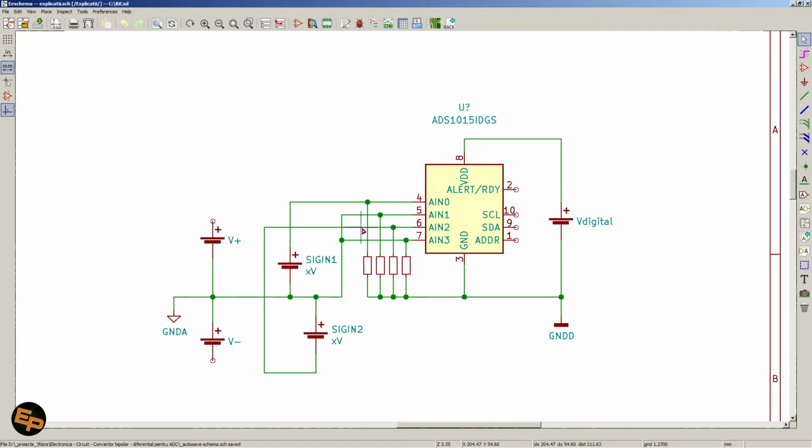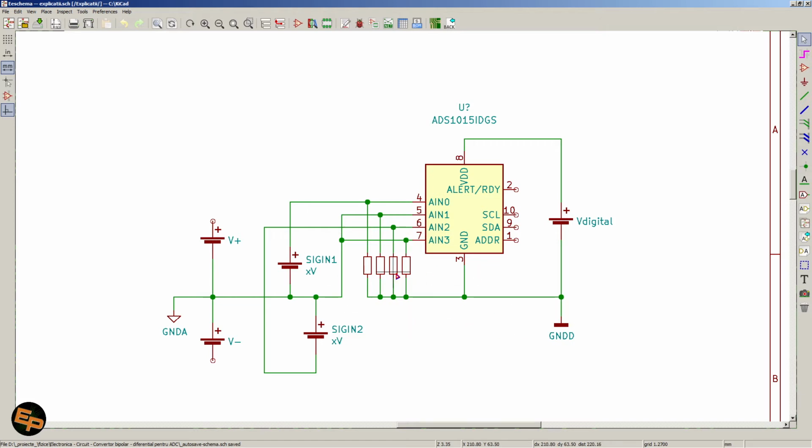Not in a direct way, but there is an impedance that exists between each input and ground. So I have symbolized that impedance through these 4 resistors, one for each input, which are external in my schematic here, but these are just for us to properly understand what's going on, okay?